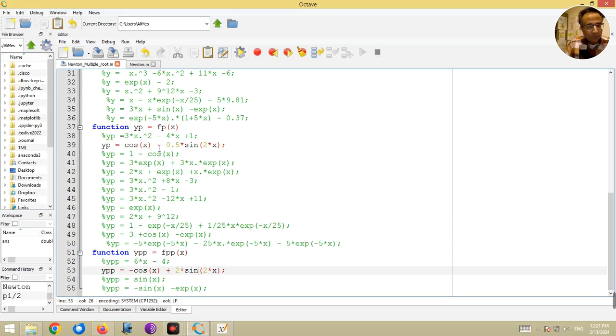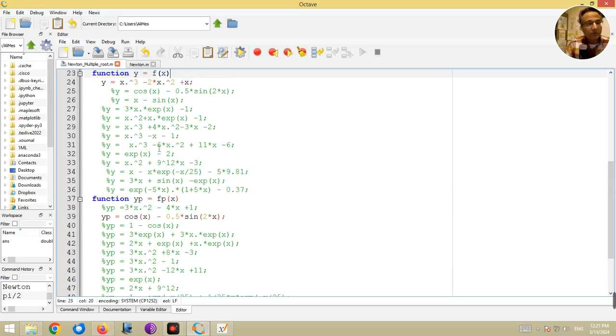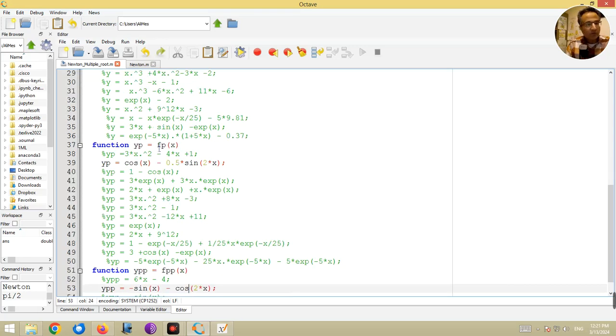So here the derivative should be minus sine of x minus cosine of 2x, and no. Yeah, it was correct.